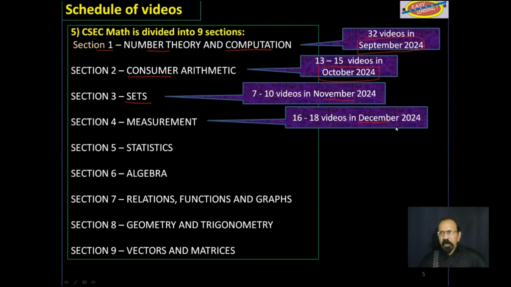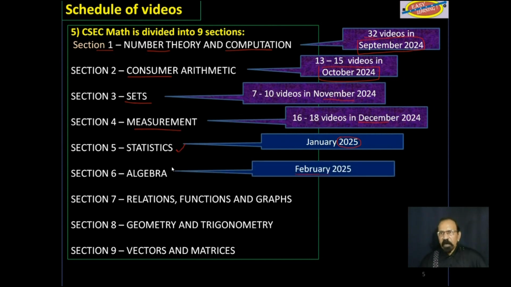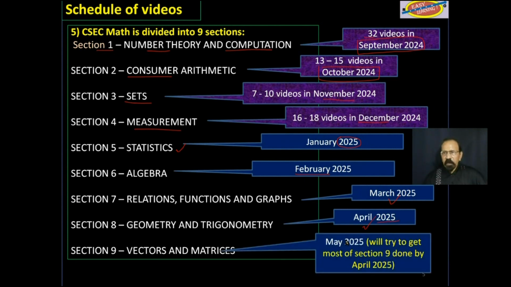December, that is by the end of the year, measurement. And then in January 2025, statistics, followed by algebra in February, relations, functions, and graphs in March, and then geometry and trigonometry in April 2025, and finally in May, hopefully by mid-May, vectors and matrices.